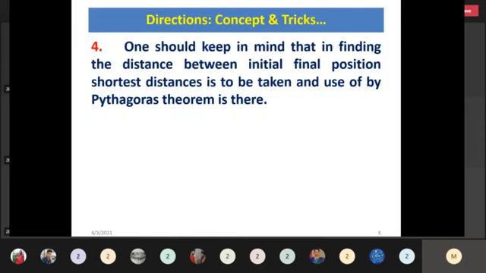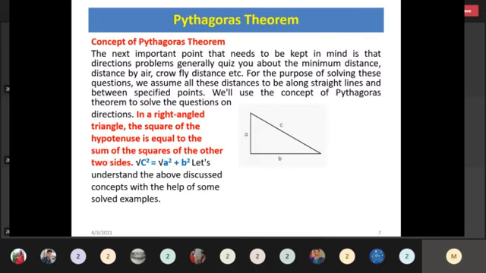Under the concepts and tricks, point number 4: one should keep in mind that in finding the distance between initial and final position, the shortest distance is to be taken and the Pythagoras theorem is used. We'll study in detail what we mean by the Pythagoras theorem. It is quite easy because we have already learned it in mathematics.